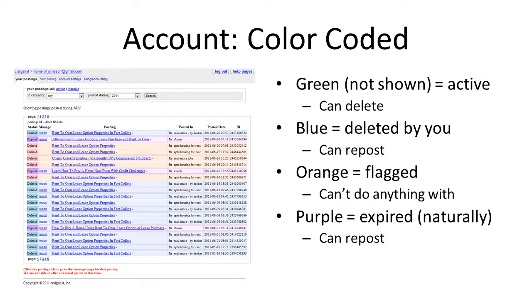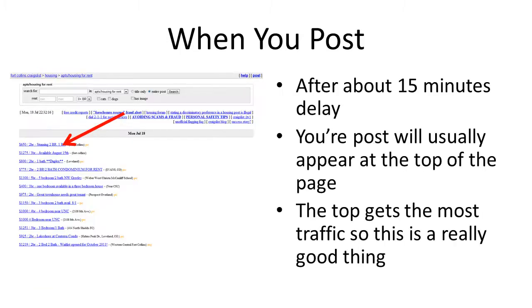Like if you're promoting the Northern Colorado Real Estate Investor Group meetings, and you say that the meeting is on Tuesday, the 10th of July, well then on the 11th of July that ad will automatically expire and roll off. So the purple ones expired naturally. You can repost the purple ones because they've just expired. They weren't flagged by someone else. So that is basically the color coding of your ads in Craigslist.